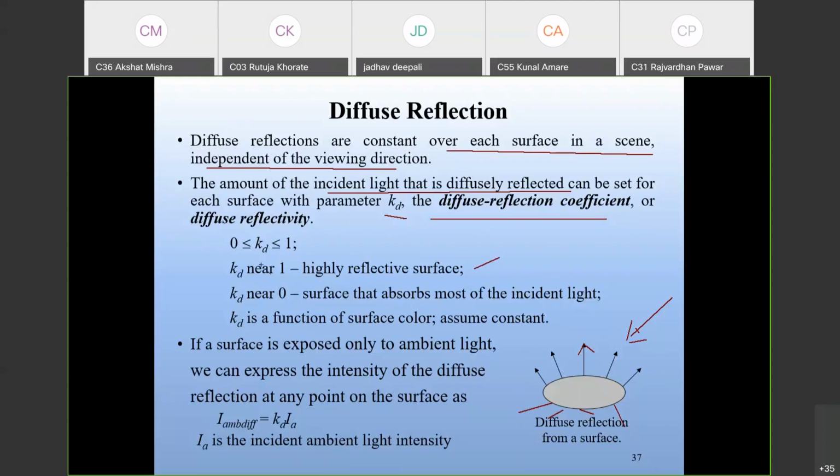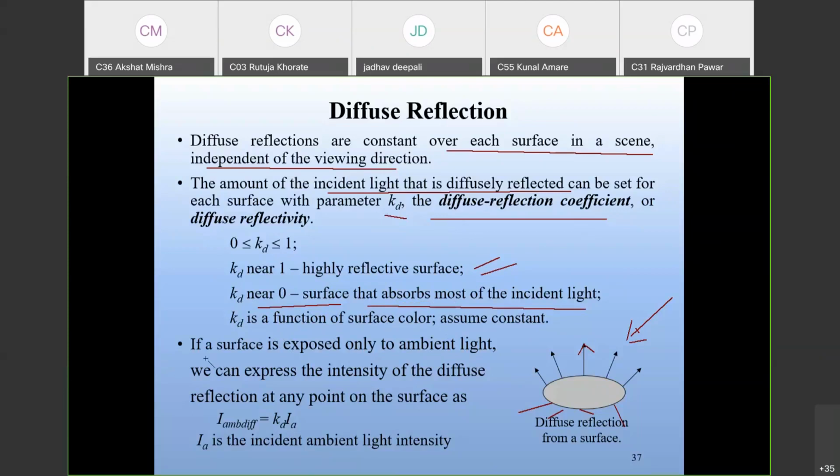When Kd is near 0, it absorbs most of the incident light and reflects very little. So Kd near 1 is normally for glossy or shiny surfaces, and Kd near 0 is normally for dull surfaces. Kd is a function of surface color. Assume it is constant, the diffuse reflection coefficient.